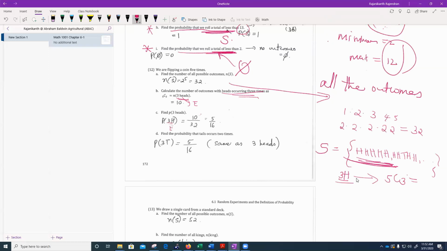This is my N of E. This is my N of S. So in my event E, there are 10. My N of S is 32 because my sample space has 32, right? First part says that. Plugging those 2 numbers in and dividing them gives the probability of getting 3 heads.